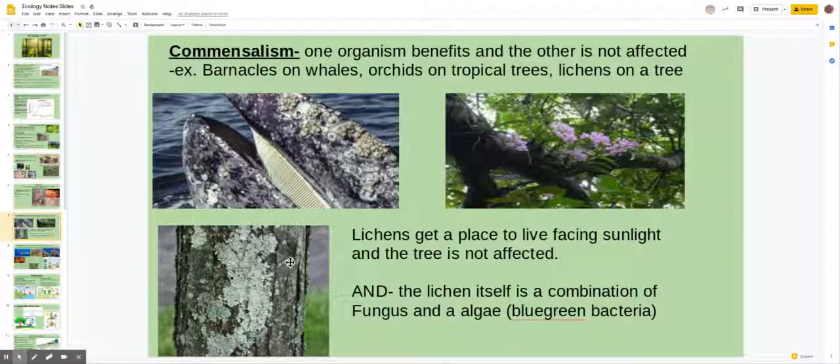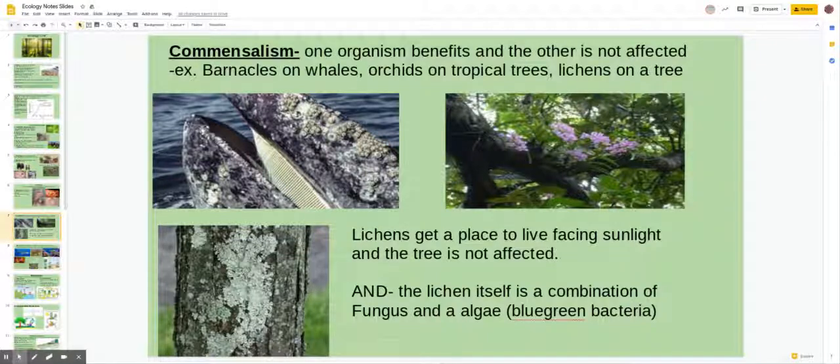Here's another one, lichens living on the side of a tree. You can see these everywhere around here. The tree is not harmed by these lichens, but the lichen has the benefit of living on the tree, facing the sunlight, and having an opportunity to survive with ample living space.